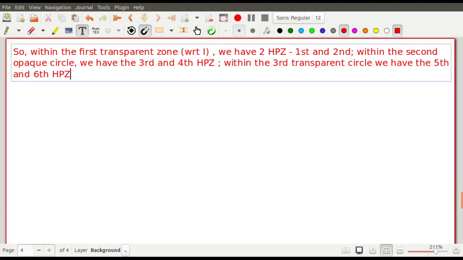So within each and every circle, previously which one was a single zone, but now within that you have two zones. This is the concluding remark. So you have fifth and sixth half period zone and so on. Got my point?